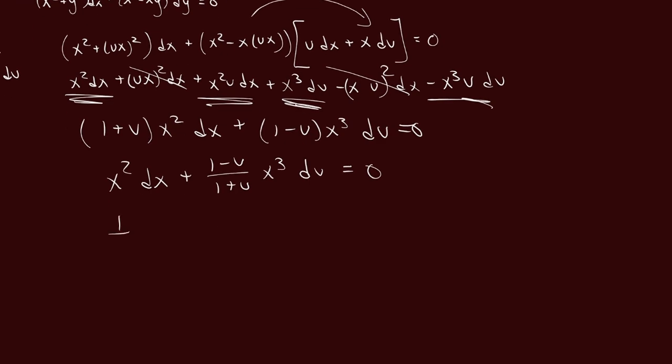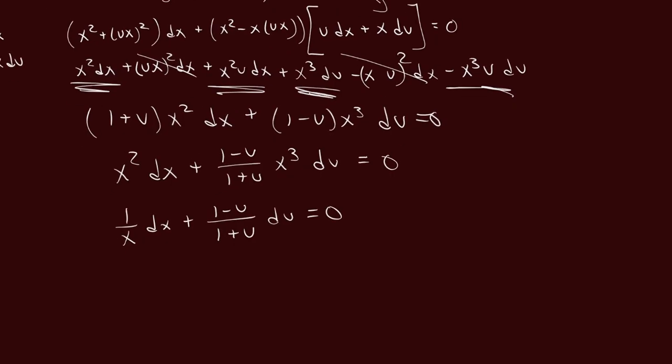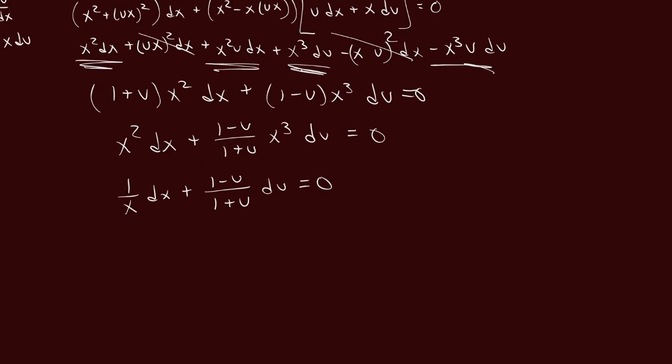So this becomes 1 over x dx plus (1 minus u) all over (1 plus u) du equals 0. Alright, so now look what I just did. All the x's are being multiplied by dx, all the u's are being multiplied by du. Now we can do separable integration.